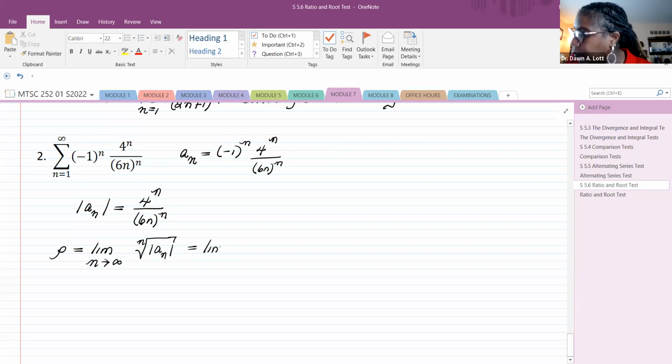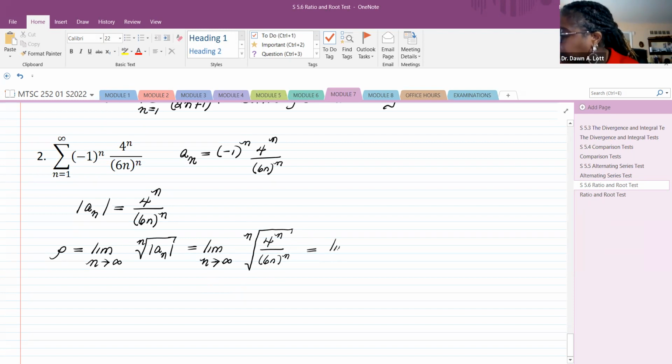So that's the limit as n approaches infinity of the nth root of 4 to the n divided by (6n) to the n. Now you've got to remember how these rules work. This becomes the nth root of 4 to the n divided by the nth root of (6n) to the n.